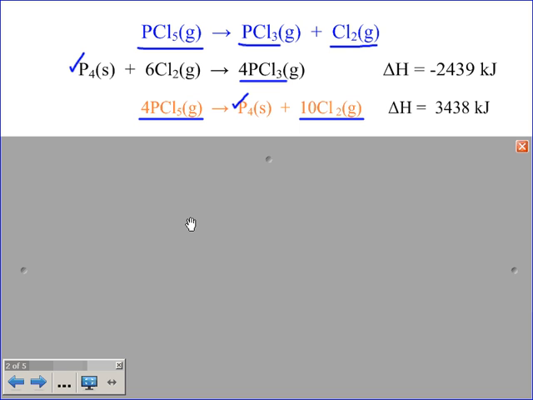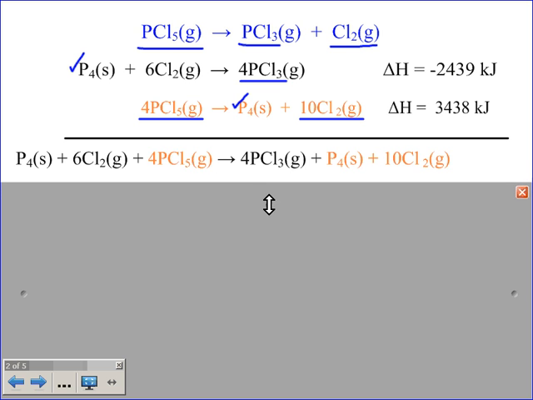There's also the same number on each side of the arrow, so that tells me they're going to cancel out. The 6 chlorine over here are also going to be able to cancel out. But right now, everything seems to be lined up right. Things I don't want are on both sides of the arrow. Things I do want are on the proper side of the arrow. So I can just add these all together.